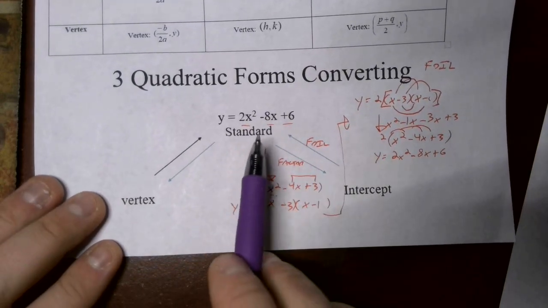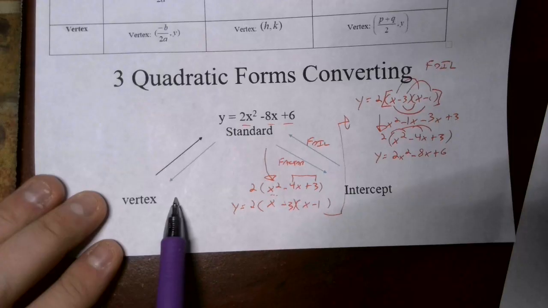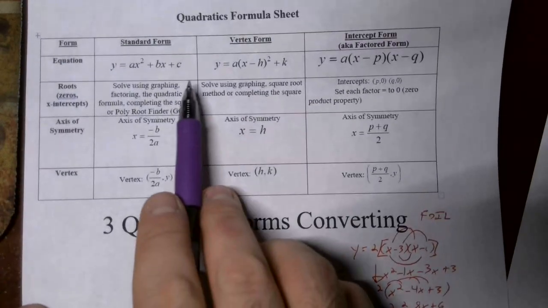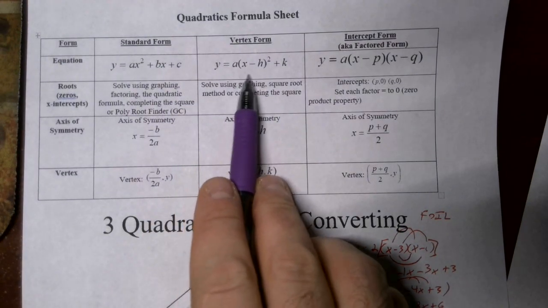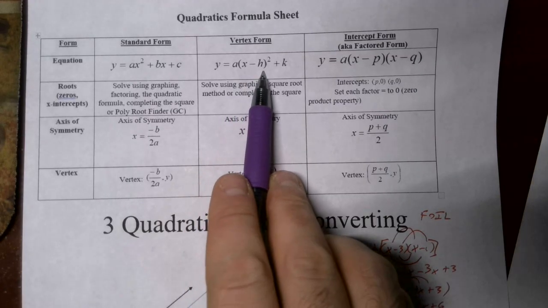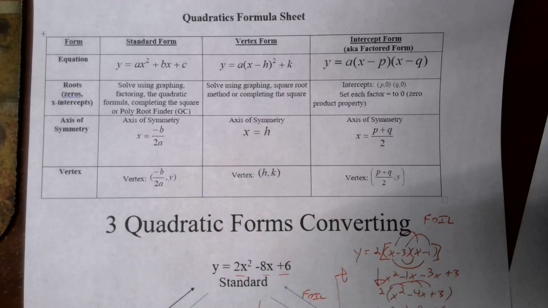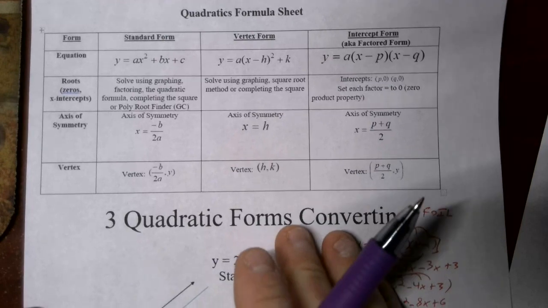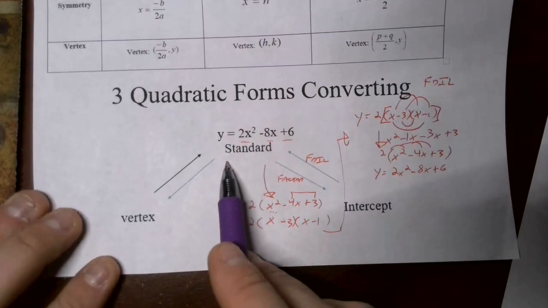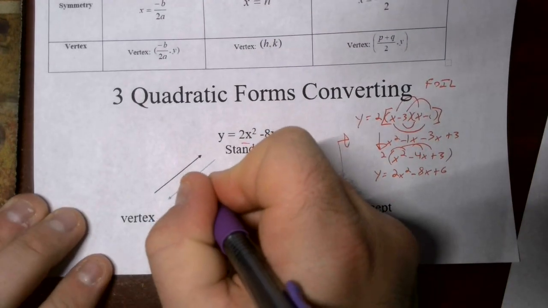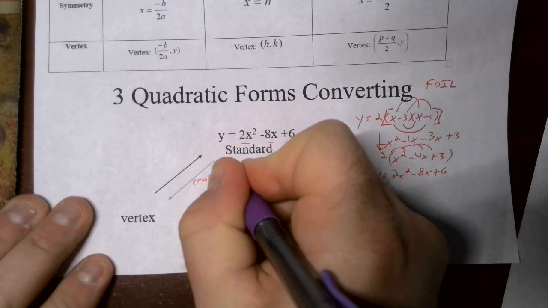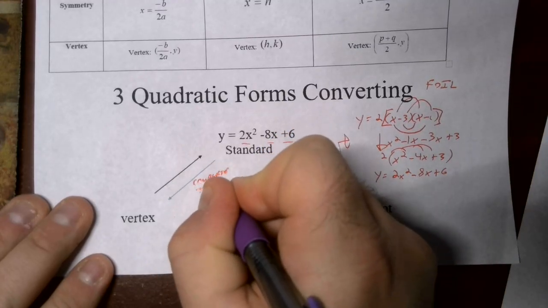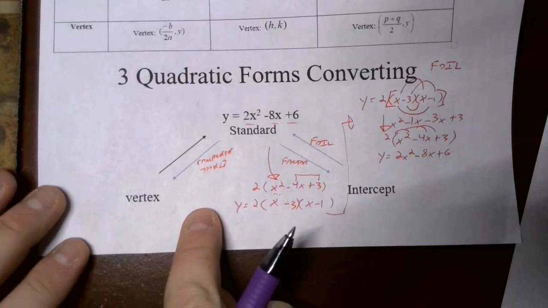So if I want to go from standard to vertex, notice vertex form looks like this: a times parentheses x minus h squared plus k. So the beauty behind this is, to do that, you would have to complete the square. So let's show the steps on that on the side.